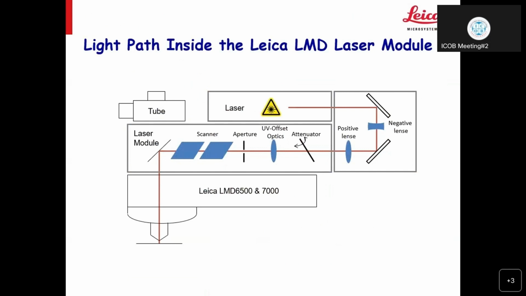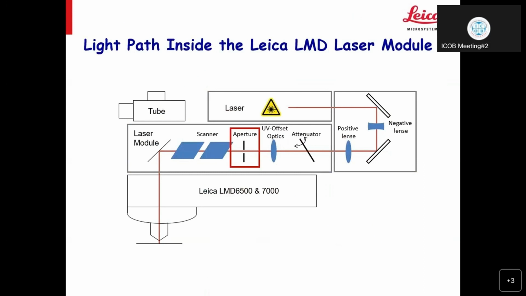The main components to adjust the laser are the offset lens, the laser aperture, and the scanner unit. The offset lens is used to adapt the laser focus position. The laser aperture is used to influence the cutting width of the laser focus, and the scanner unit is used to guide the laser beam.